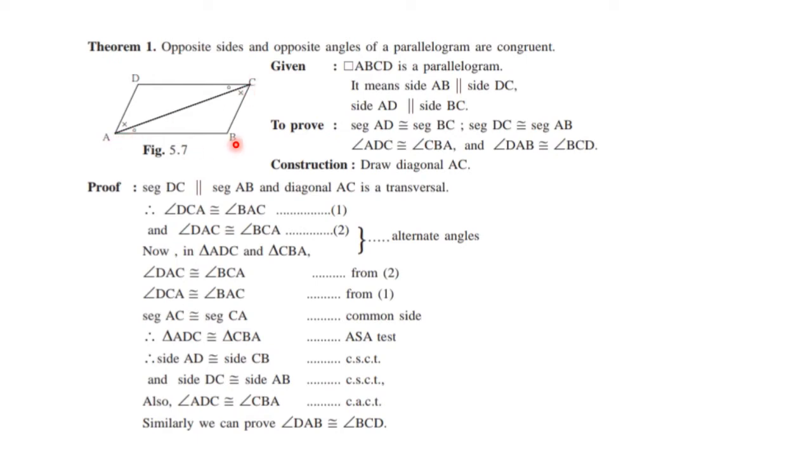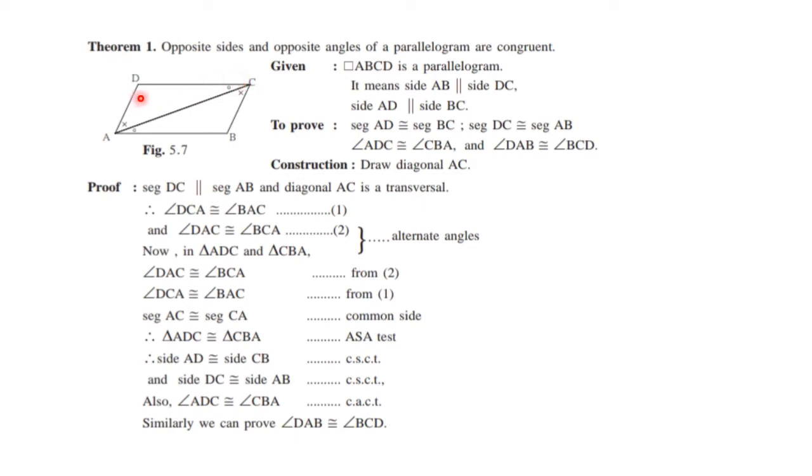Similarly, pairs of opposite angles are congruent. So angle ADC is congruent to angle CBA, and angle DAB is congruent to angle BCD. Whenever you are writing about the sides, always mention segment AD is congruent to segment BC and segment DC is congruent to segment AB.